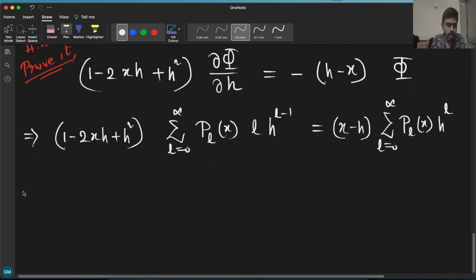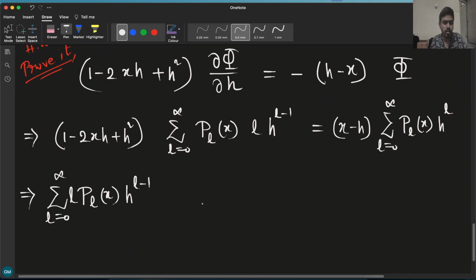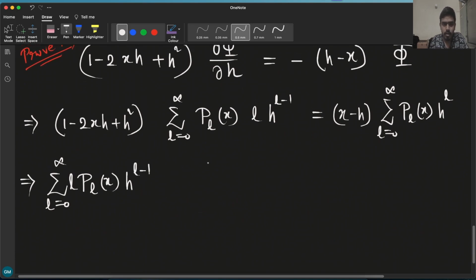Now if I simplify it, if I remove this bracket and multiply this with each term, then for the first term I will get sum over l equals 0 to infinity l P_l(x) h to the power l minus 1.